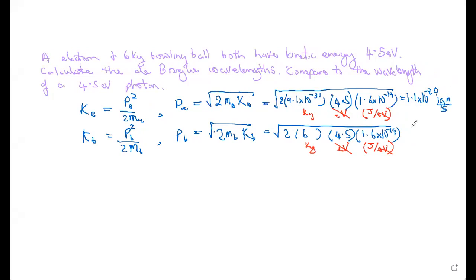So that's the electron. And then for the bowling ball, the momentum is 2.9 times 10 to the minus 9 kilograms meters per second. So these are the 2 momenta.